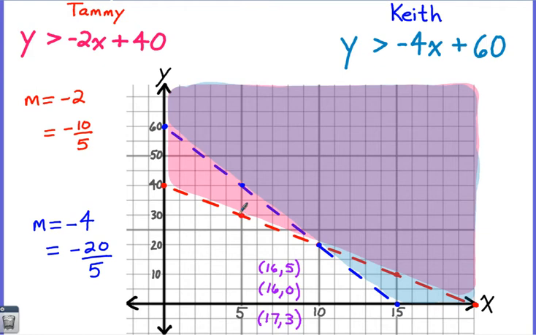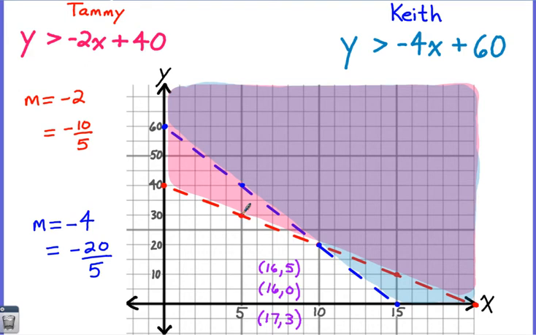Any point on Tammy's dashed line, like this one for example, 5 comma 30, which would be 5 mowings and 30 rakings, you can tell just by the graph would not solve Tammy's inequality and therefore not have Tammy reach her goal, because it's a point on a dashed line.